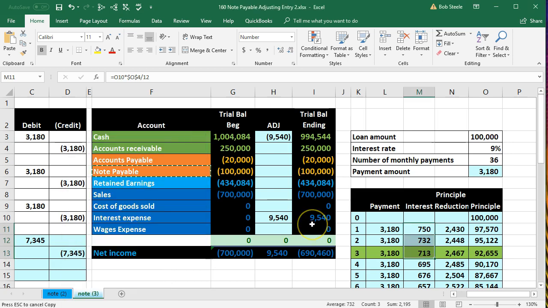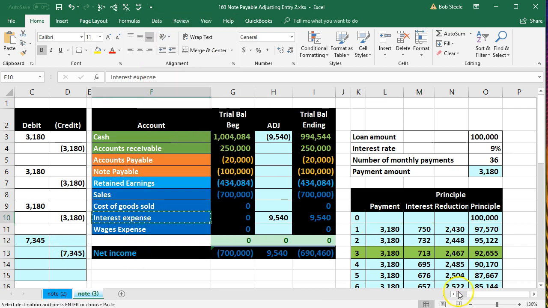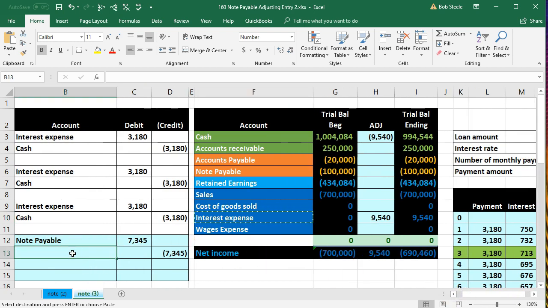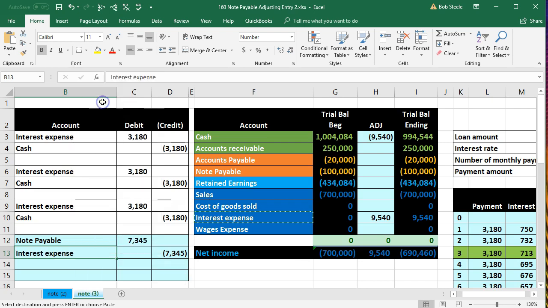So it's at a debit. We're going to do the opposite to make it go down, credit it. We'll copy interest expense. I'm going to put that on the bottom in B13, right click and paste. Going to indent: home tab, alignment, increase indent. And then we'll post this out and see if it does what we think it should.